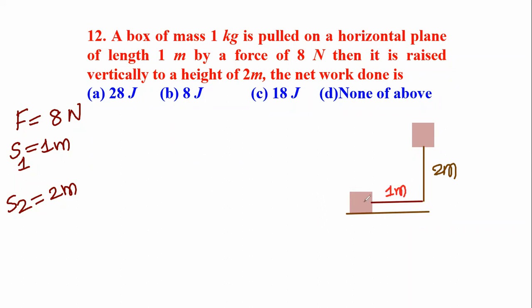So work done in pulling it along the horizontal direction we have to calculate. Again, work done in lifting it from the ground to a height of 2 meters we have to calculate.